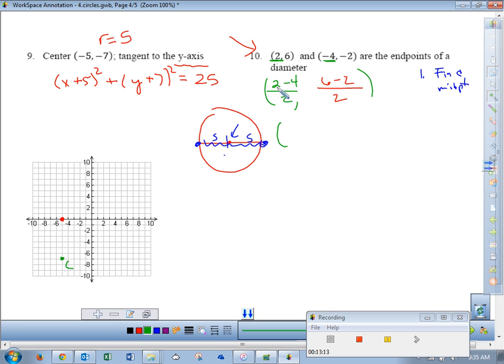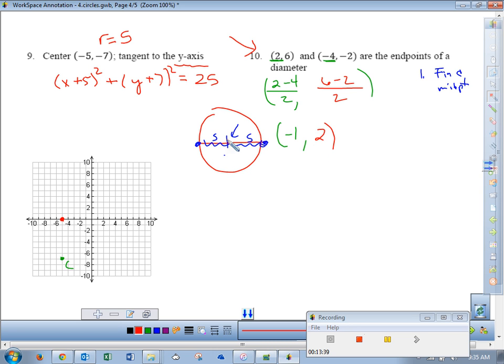Got to do the numerator first. Negative 2 divided by 2, what do you get? You get 1. How about the red number? 6 minus 2 is, divided by 2 is, all you do, add your x's together, divide by 2, that's the x value of your midpoint. Add your y's together, divide by 2, that's the y value of your midpoint.